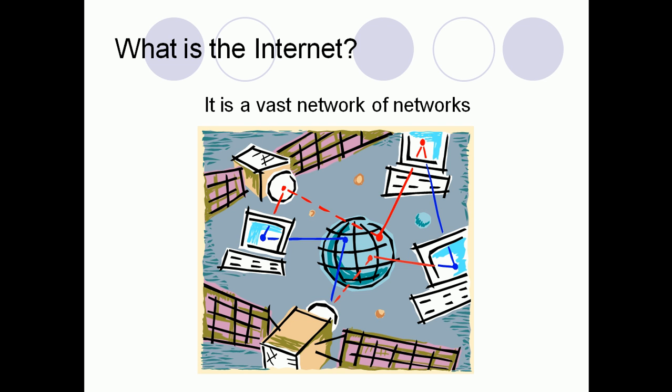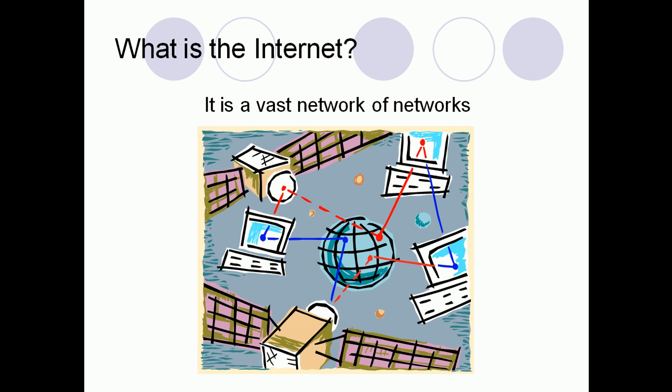So you have computers connected together to form a network. If you have computers connected to form maybe a local area network, and you have another area network, all connected together, that will give us the internet.